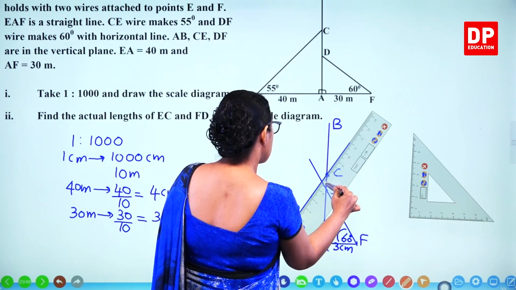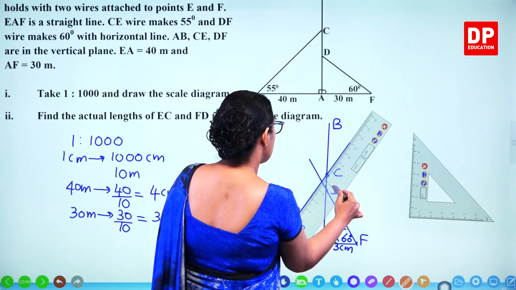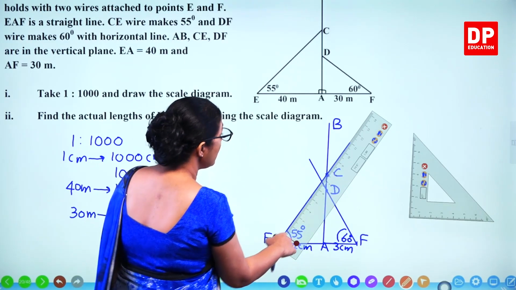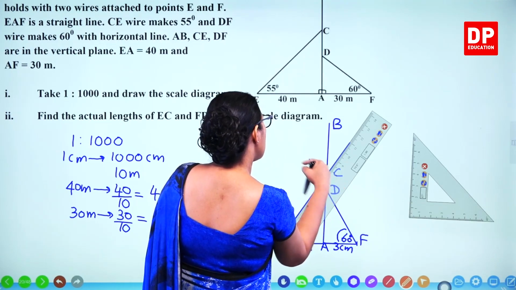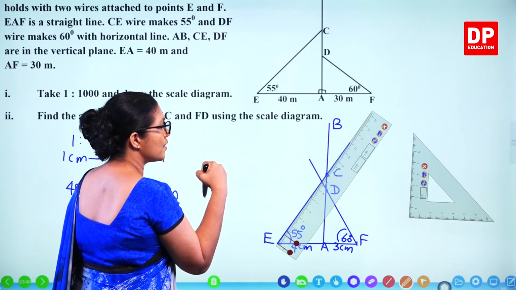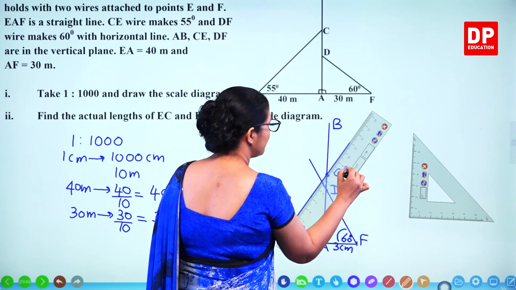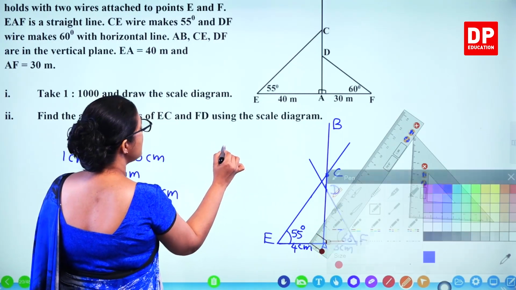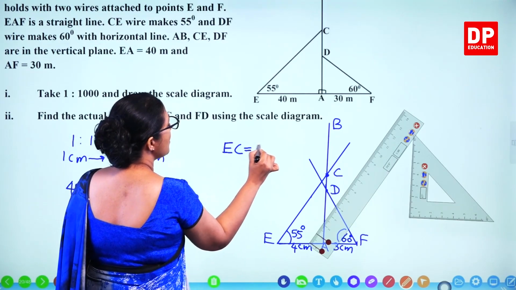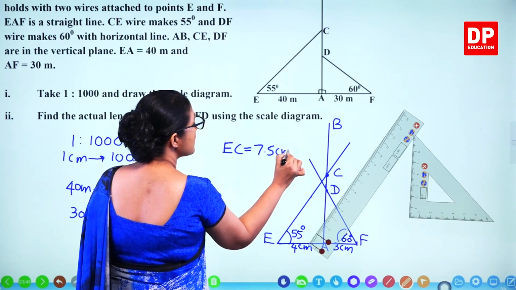Not 6 point. CE up to here. That's 7.5. You can write EC 7.5 centimeters. That's a scale.